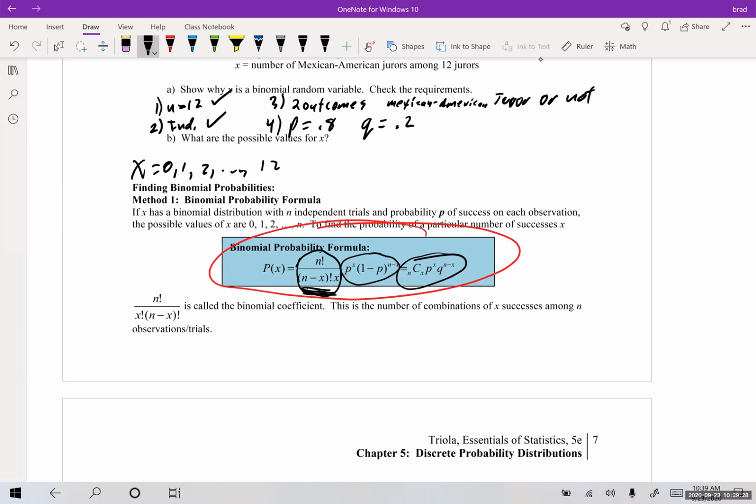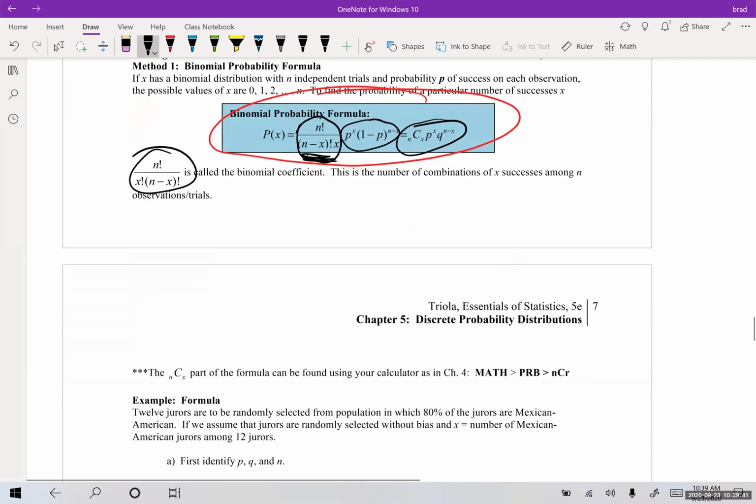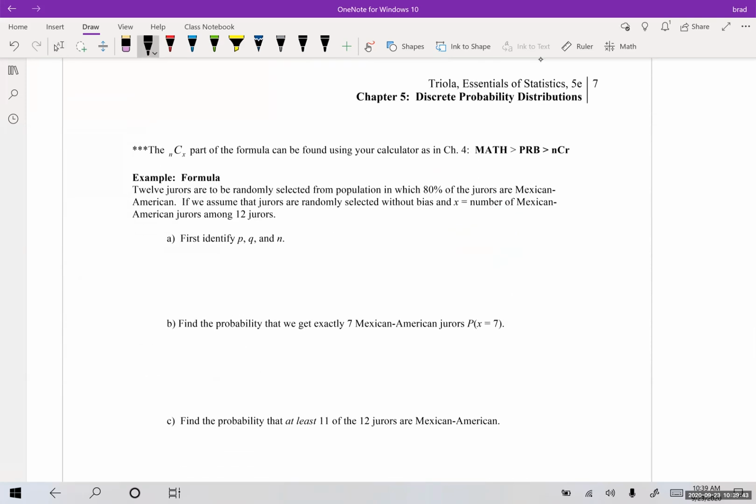And then times the probability of Q to the leftovers that were not the successes, that were the failures, okay? So this value right here is called the binomial coefficient. We're not gonna spend too much time on this. But the nCx, that was from our formula from the end of chapter 4. Okay, so let's do this problem now and let's find whatever they ask us for.